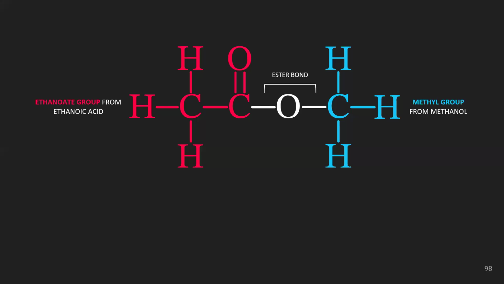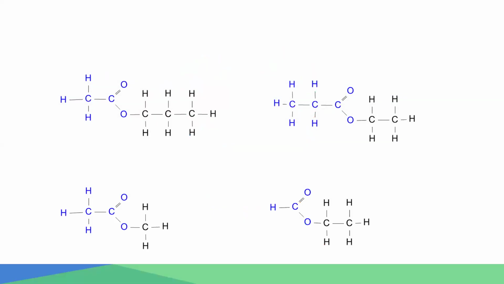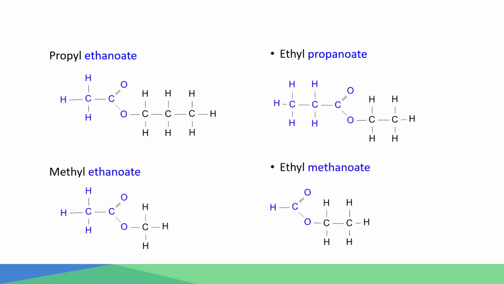This is the ester bond. Look at the structure. This is the displayed formula of some of the esters which we can name. Left one is propyl ethanoate. Right one is ethyl propanoate, methyl ethanoate, and ethyl methanoate. Just observe them orally.